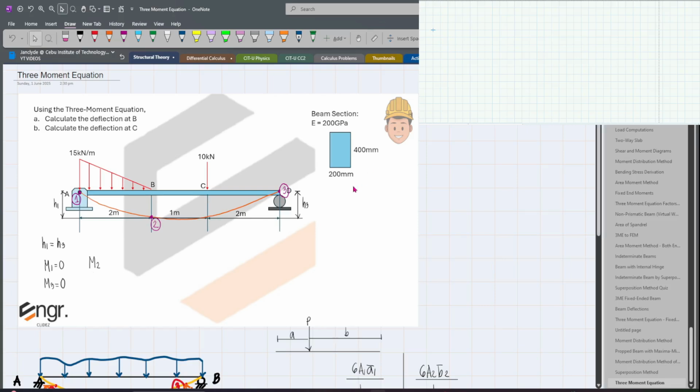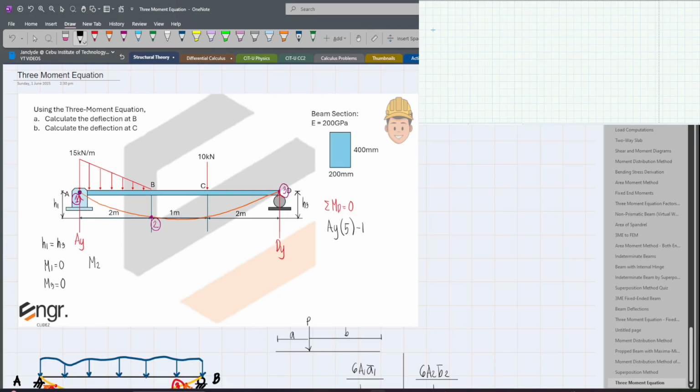So, ngayon, let's solve the reactions first of the beam. We have here AY and we also have DY. Ayan. So, to solve AY, we can sum up moments about point D equal to 0. So, we would have AY multiplied by the moment arm, which is 5 meters.